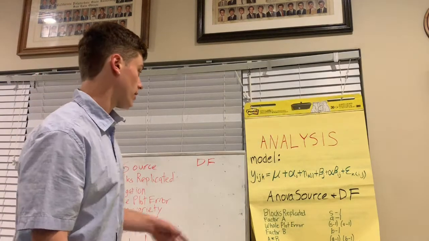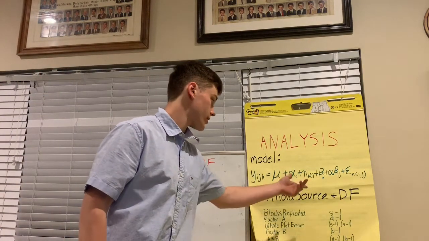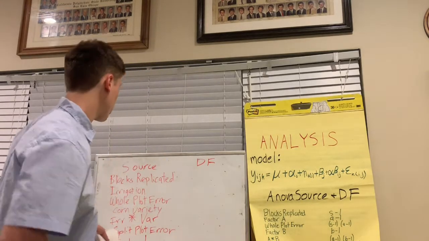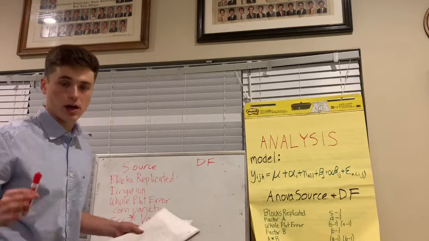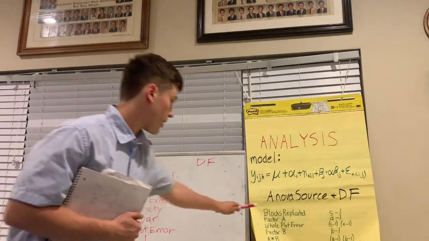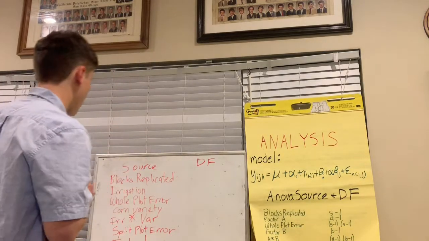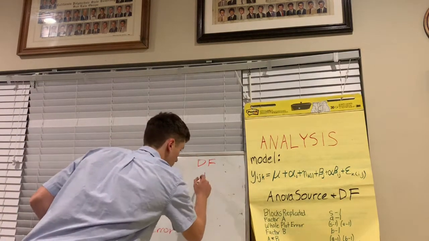Also, we have our ANOVA table with our sources and degrees of freedom. I will go through it with you guys and show you how we fill it out for this example. So first we have our blocks replicated, which is r minus 1. We are replicated twice, so therefore our degrees of freedom for this would be 1.